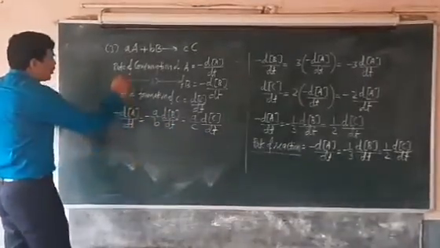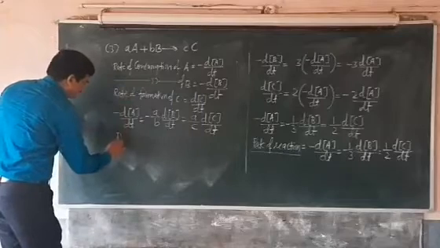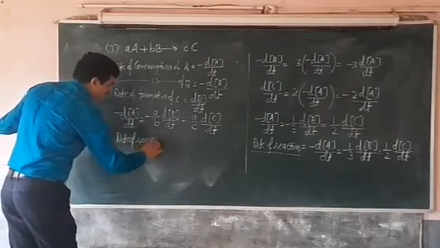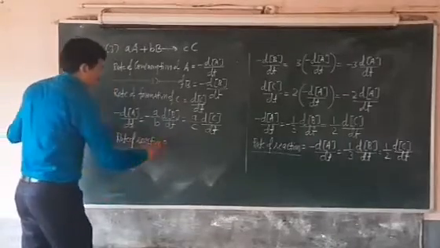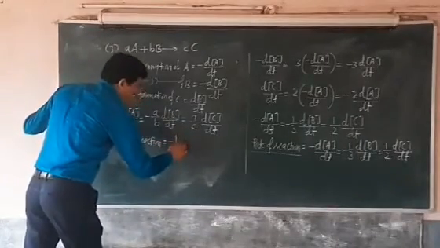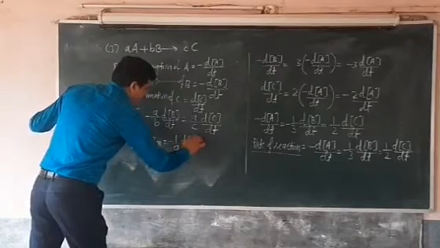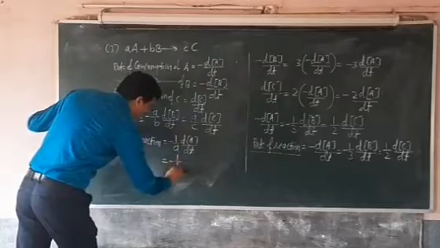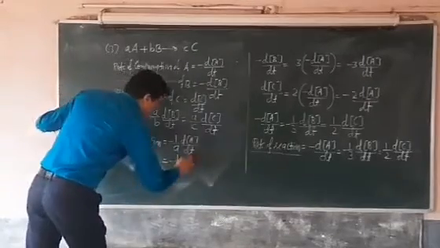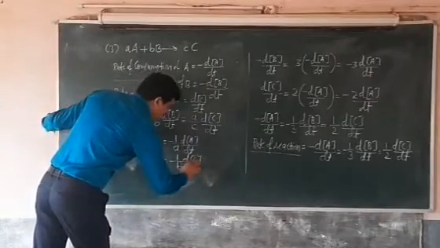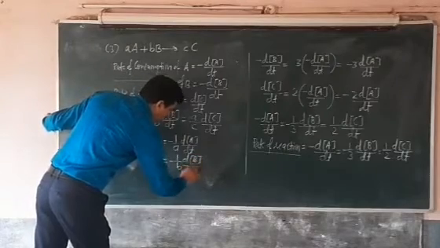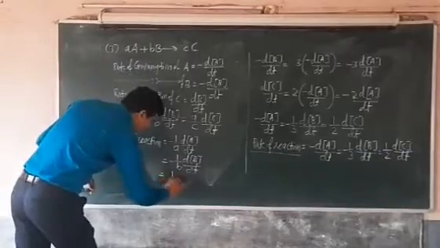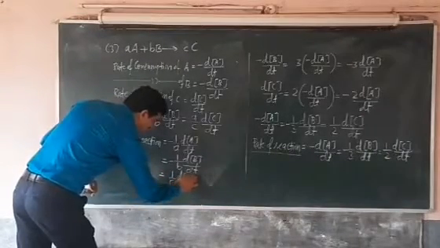Then the overall rate of the reaction can be written as minus 1 by a dA by dt, or it is equal to minus 1 by b dB by dt, or it is also equal to 1 by c dC by dt.